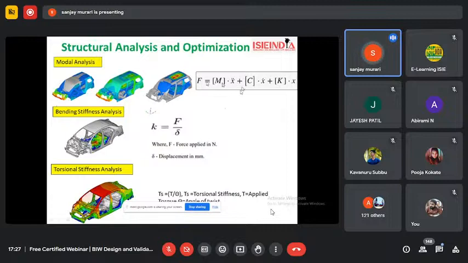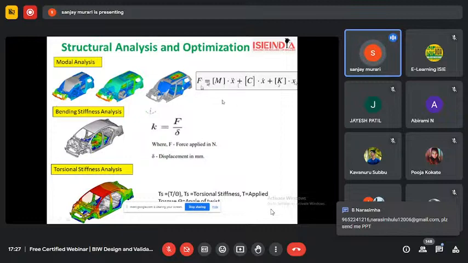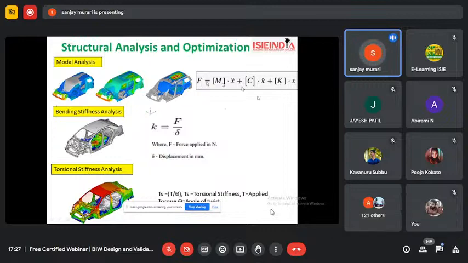If we put those into the equation, the final result is omega n = square root of k by m, which is the natural frequency equation that everyone has studied in engineering. Here k is in the form of a stiffness matrix and m is also in matrix form.